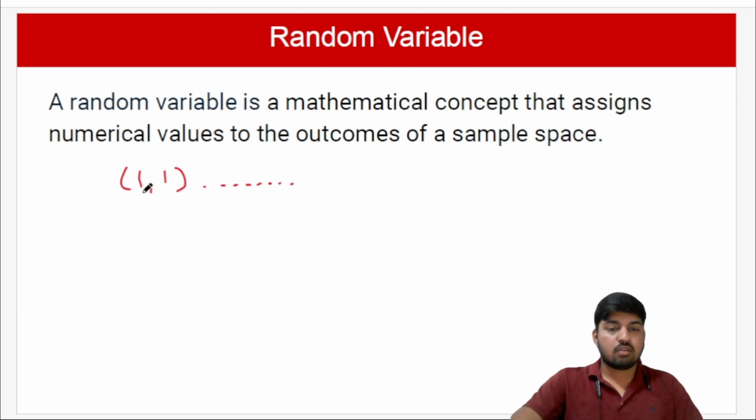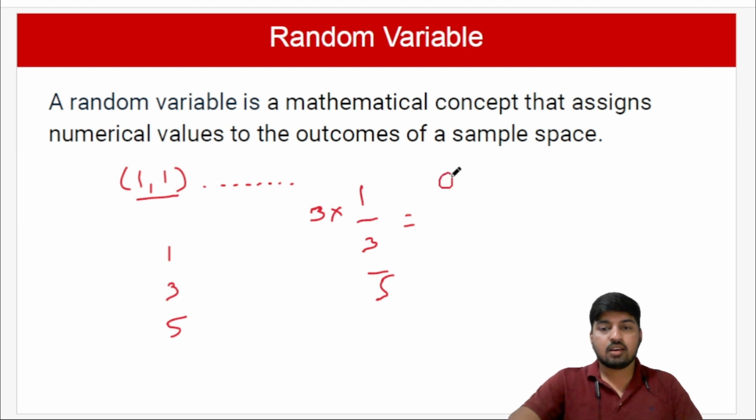But how did you calculate this? See, here will be 1, 3 and 5. These are 3 outcomes. Here again I will have 1, 3 and 5 outcomes. So it will be coming 9 divided by 36.